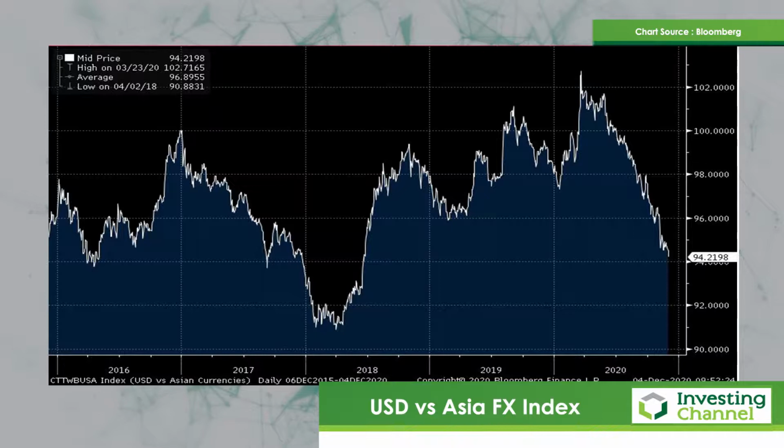And as one can see, that's been in very sharp decline for a very protracted period, which makes complete and utter sense given the strength of the Asian economies, both pre-pandemic and as we try to recover from it, they have held up much better. So that makes good sense.